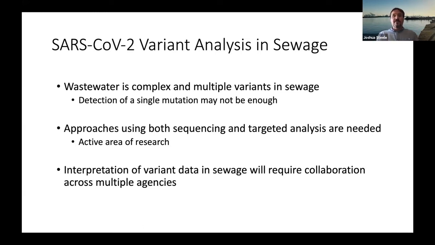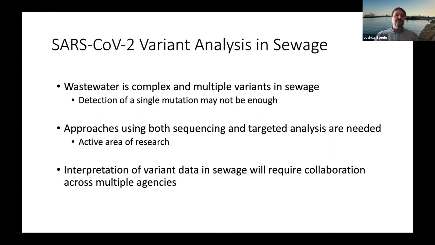The way we learn about these is by sequencing in the first place, mostly from clinical samples, but we've also tried sequencing in wastewater to see what the different things are. Then this interpretation has to be a comparison between the clinical data, the public health agencies, the sewage treatment agencies, and researchers. It's a very complicated problem to solve, but we think we're making some initial progress.